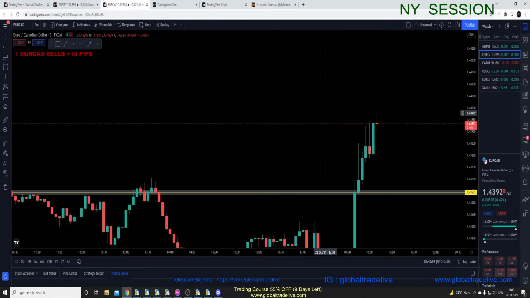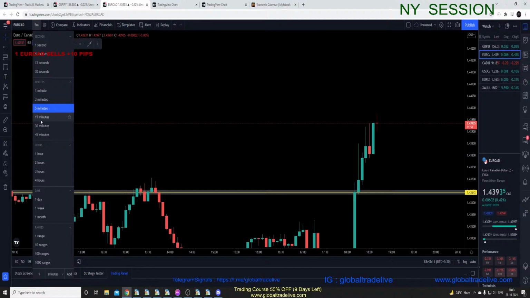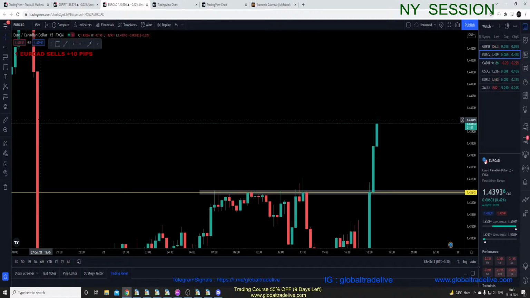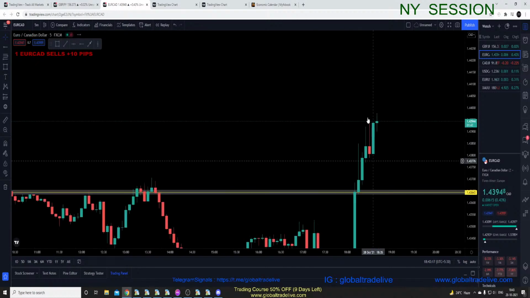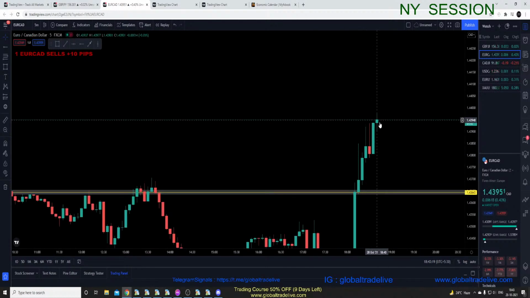Yeah, it's coming down now, this candle. Let's see in the last 1 minute what it's gonna do. Whether it will be breaking the high and move up, or whether it will be closing back bearish.